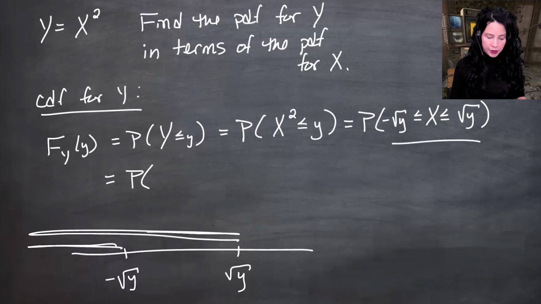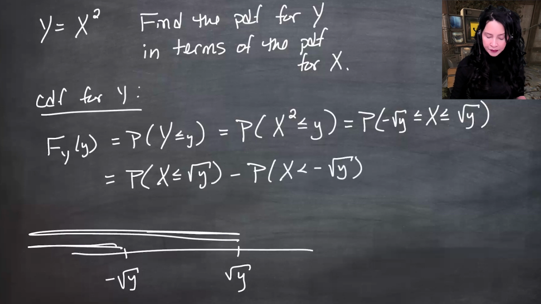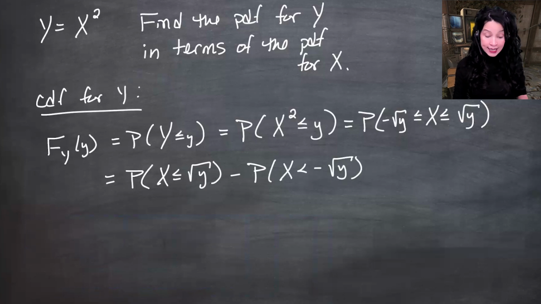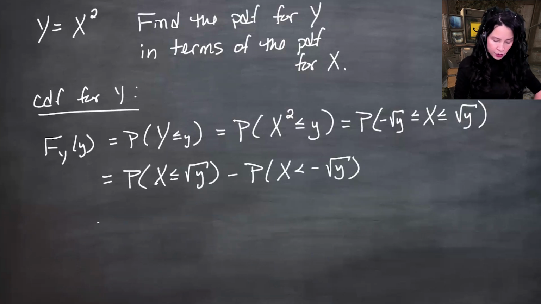In other words, this is the probability that x is less than or equal to the square root of y, minus the probability that x is strictly less than the negative square root of y. So I see a CDF for x with the square root of y plugged in, and I almost see that here. Because things are continuous, this is a strict inequality, but I can make it non-strict so that I truly do see a CDF for the second term as well.